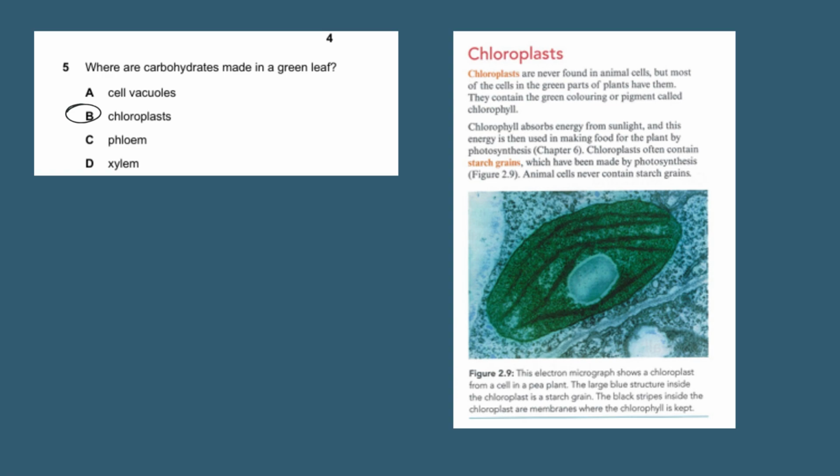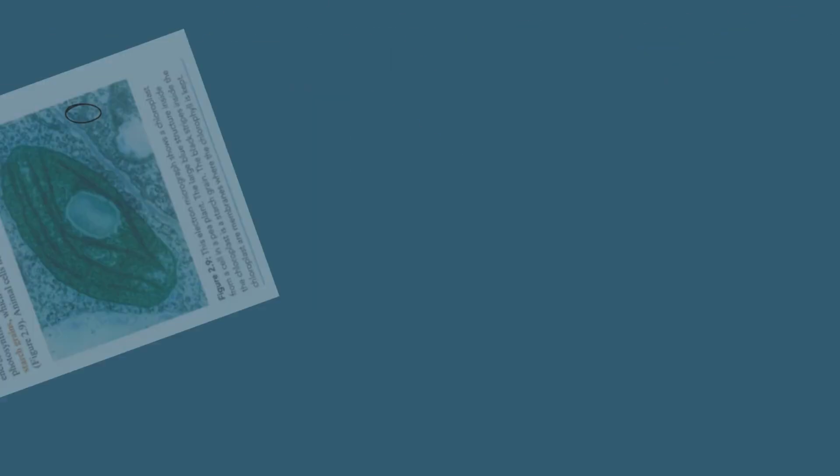So carbohydrate is made in the chloroplast. Only plants, or only green areas, have chloroplasts, and only they make carbohydrate. Very easy question.